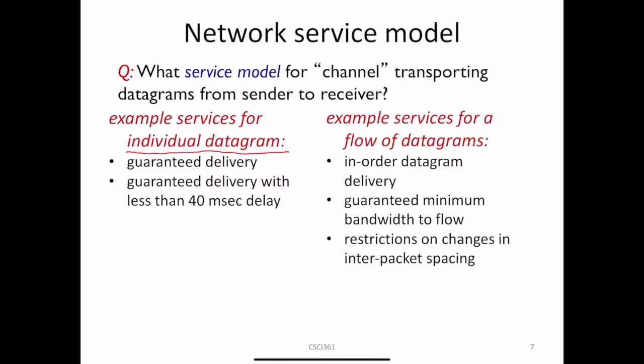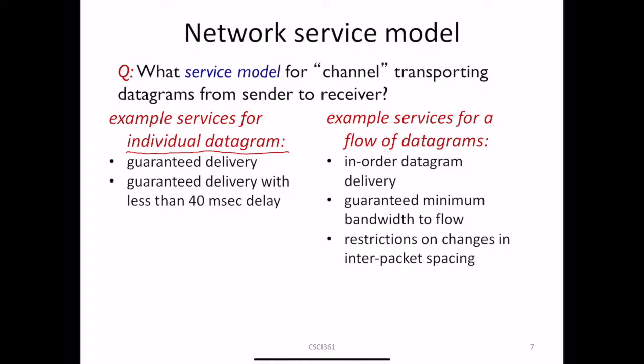Another one is guaranteed delivery with less than 40 milliseconds delay. So that means they have a requirement not only to receive the datagrams without any packet loss, but also they expect a delay restriction, which means 40 milliseconds.